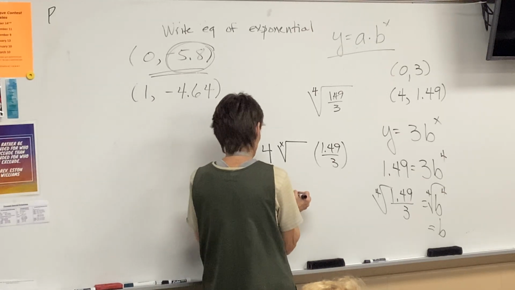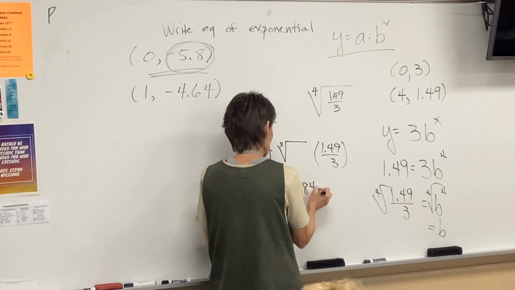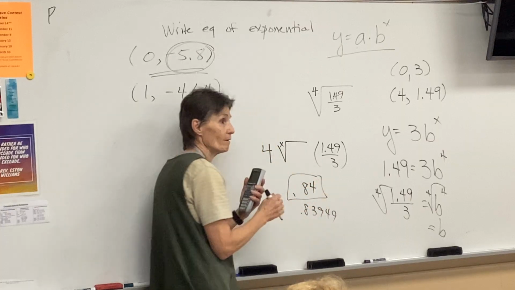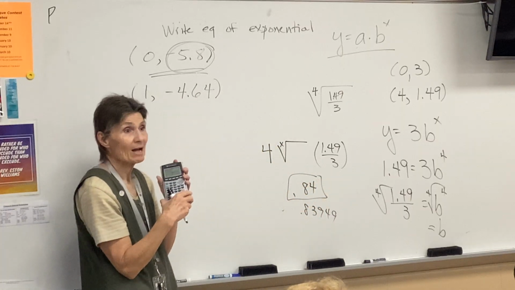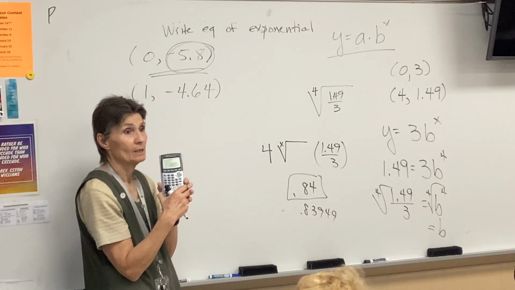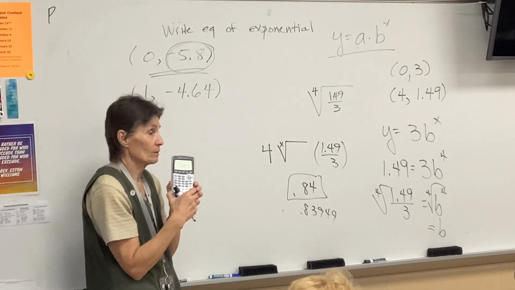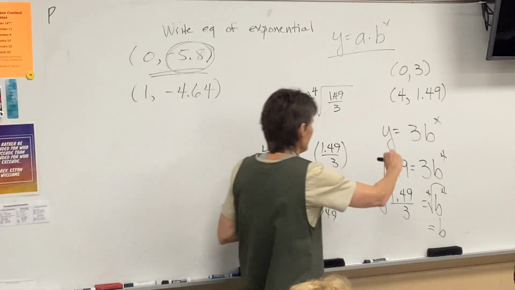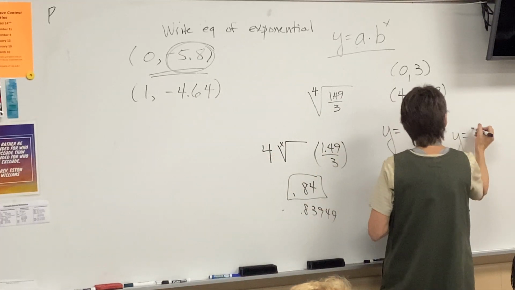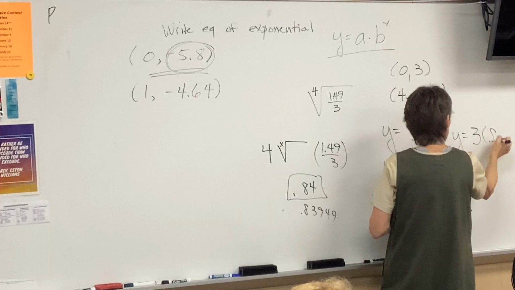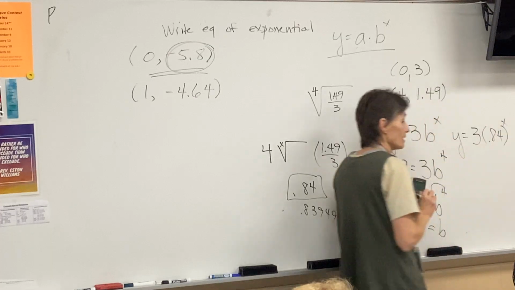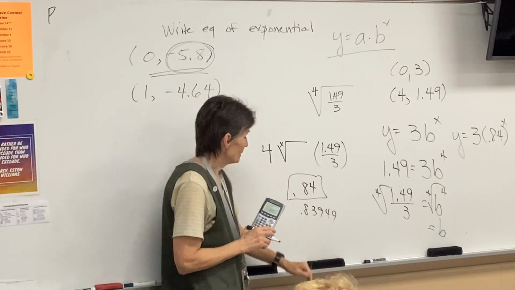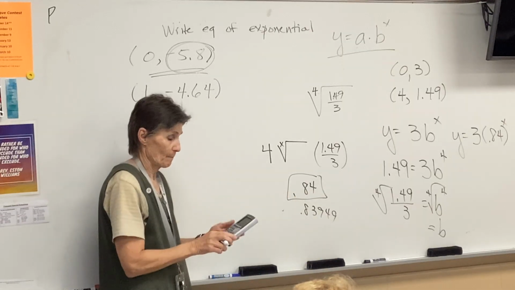You should have come up with about 0.84. It's 0.83949. Did you get about 0.84, everyone? Okay, that's how you 4th root on your calculator. You can do any root on your calculator. So that's our B. So my answer is y equals 3 times 0.84 to the x, because B, when I 4th rooted, turned out to be that number.